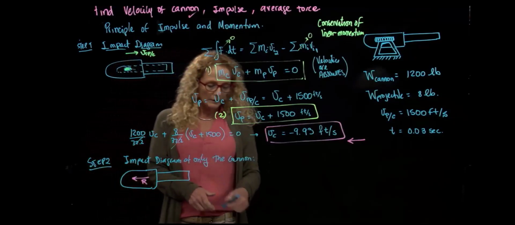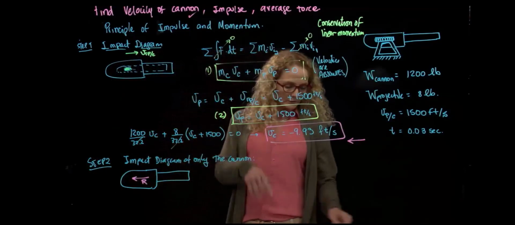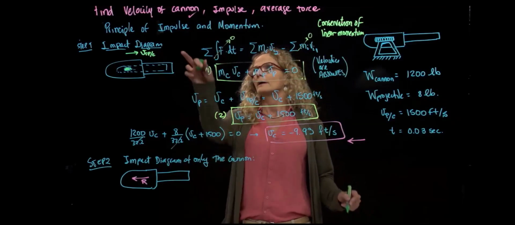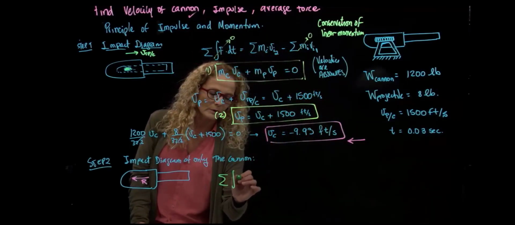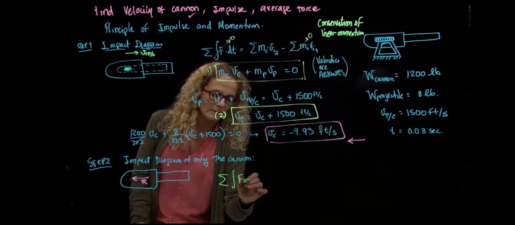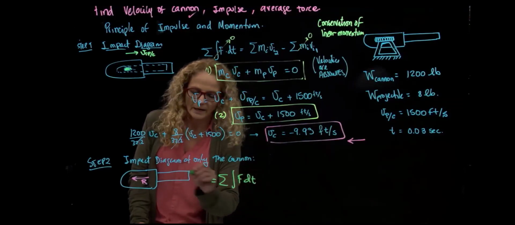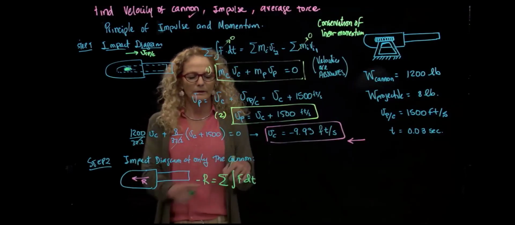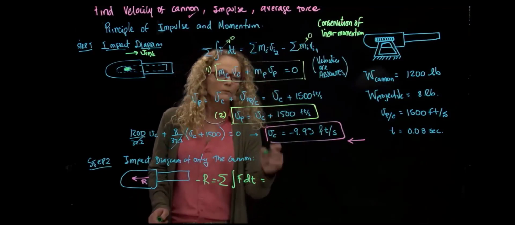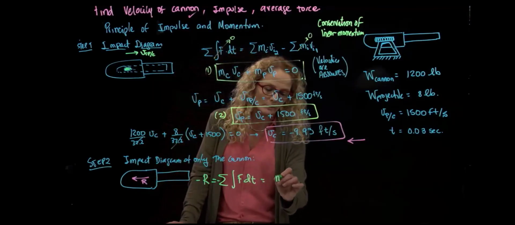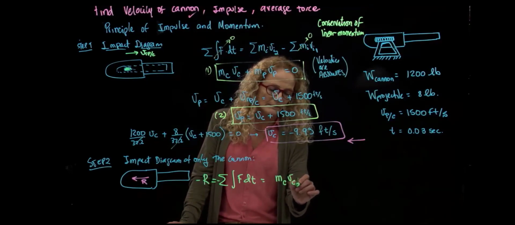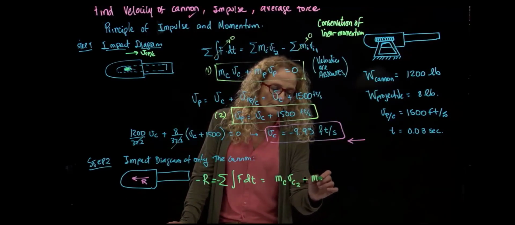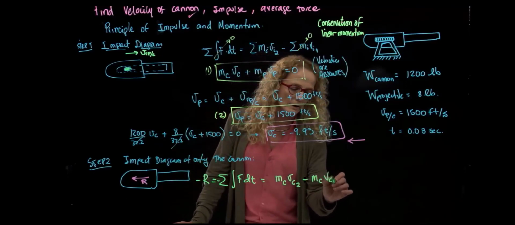Okay, so here we do the same equation of our impulse and momentum, but in this case, we will have that reaction force, which we name negative, right? Equals, now we have only the cannon, so it will be the mass of the cannon, velocity of the cannon in the second position, minus the mass of the cannon, velocity of the cannon in the first position.